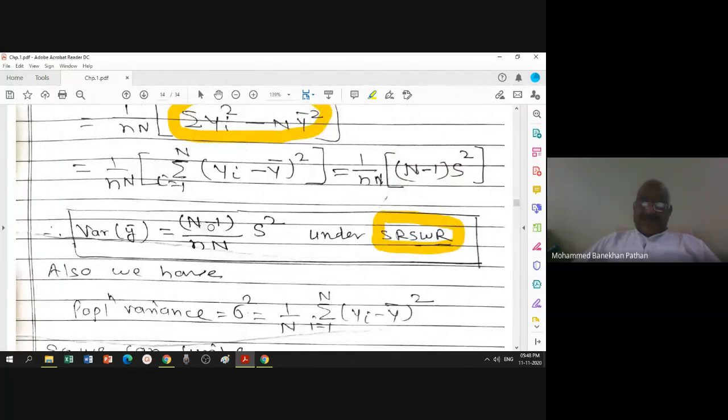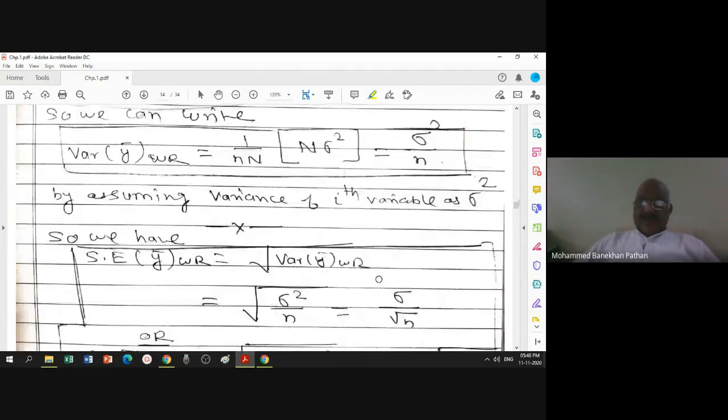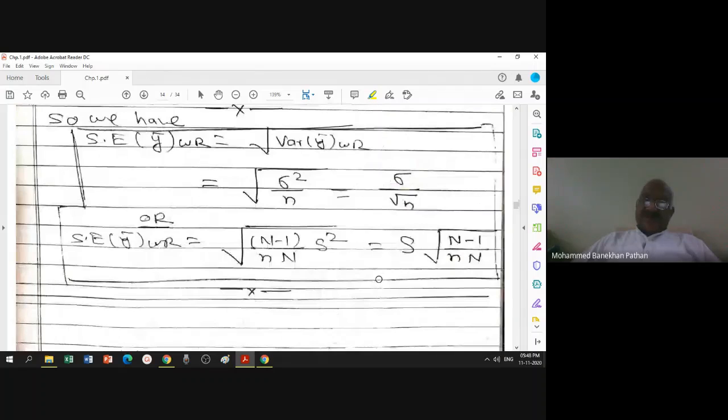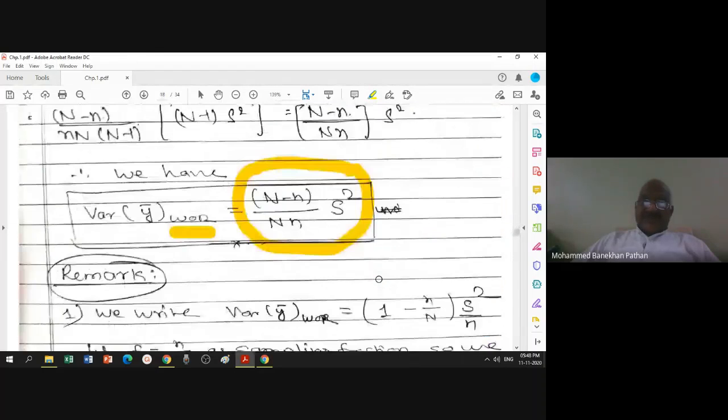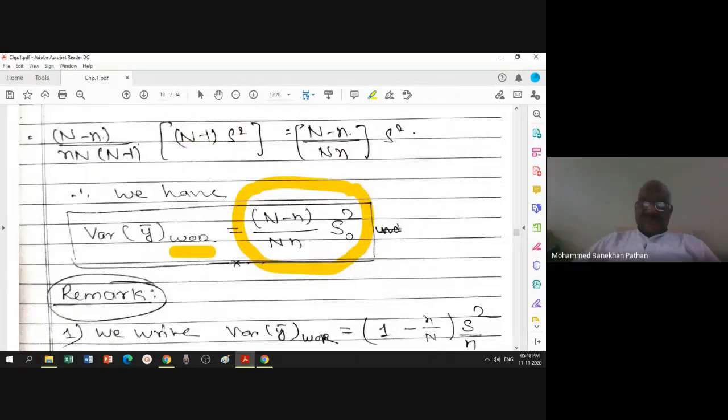Here it is N minus 1 under with replacement. Other quantity same. If I do it by without replacement, it becomes capital N minus small n. That is the change to be remembered. Otherwise, both formulas are similar. That change is coming into the picture.